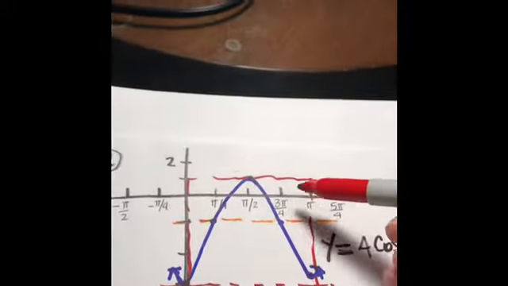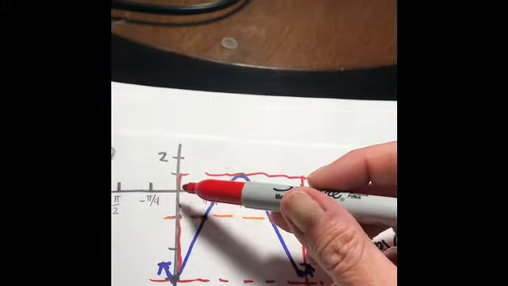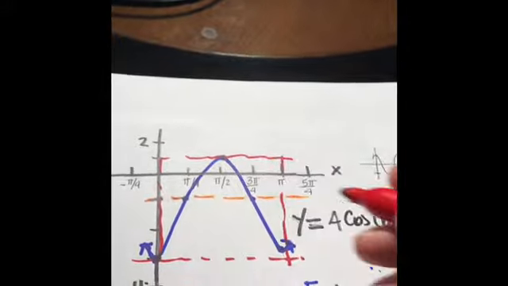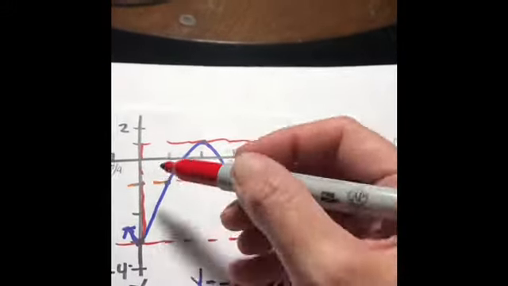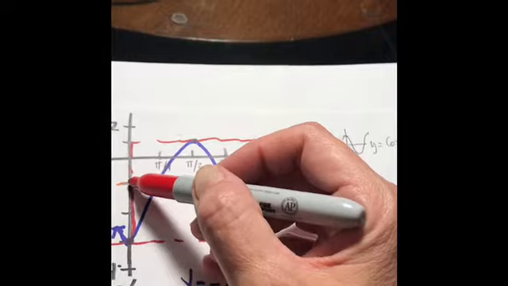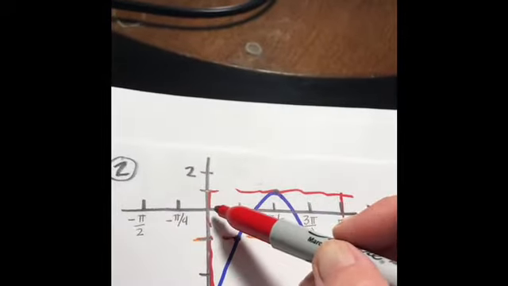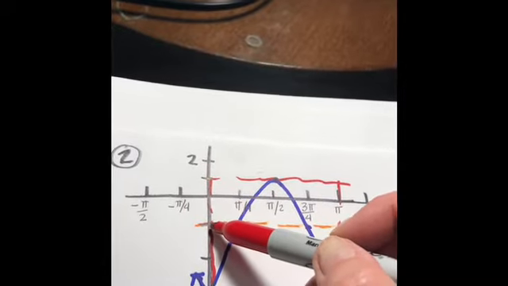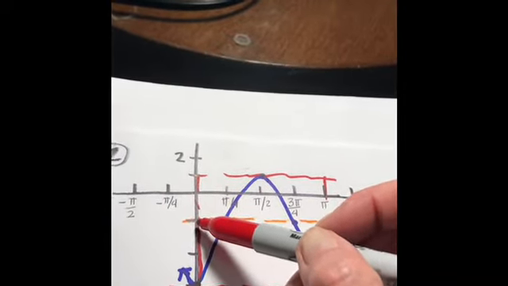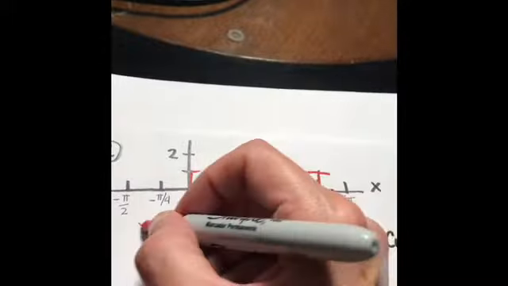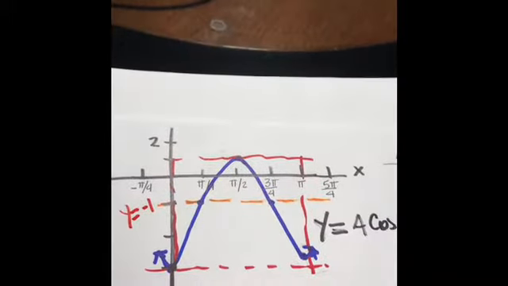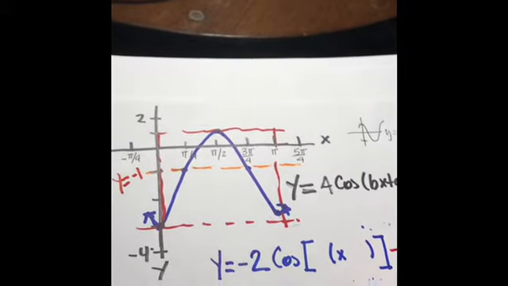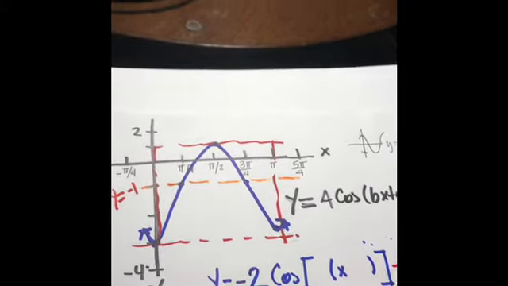I already noticed that the average y value is shifted 1 unit down from the x-axis. So that means that the graph is shifted 1 unit down. Again, the average y value of the original one, which was at the x-axis, is shifted down 1 unit from it. So that means that my average y value is now at y is equal to minus 1. So that means that I am having a vertical movement of 1 unit down with the vertical shift.